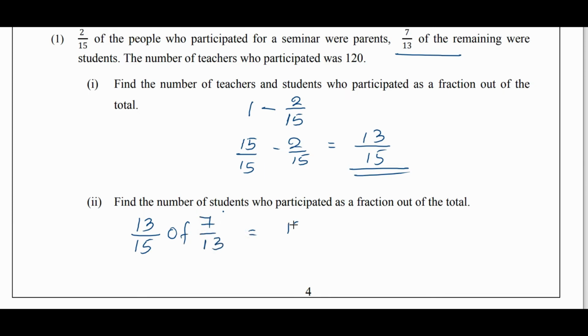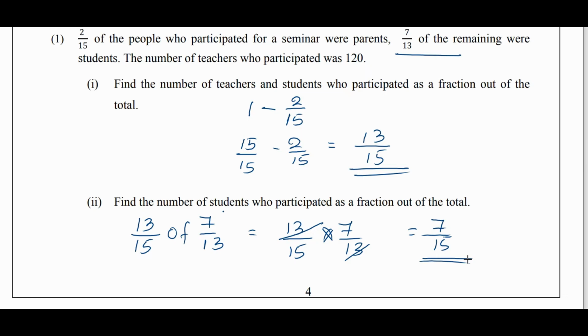This can be calculated as 13 out of 15 into 7 out of 13. Then 13 should be cancelled. Then 7 out of 15 is the number of students who participated as a fraction of the total.